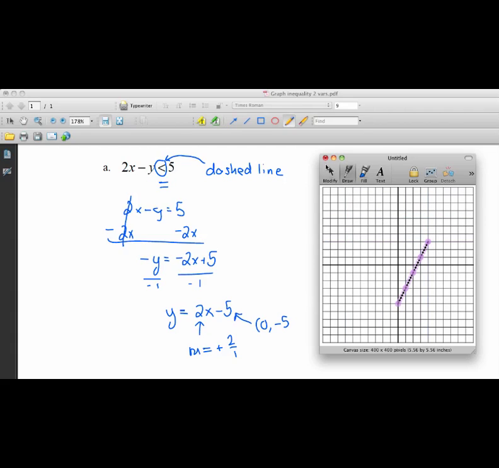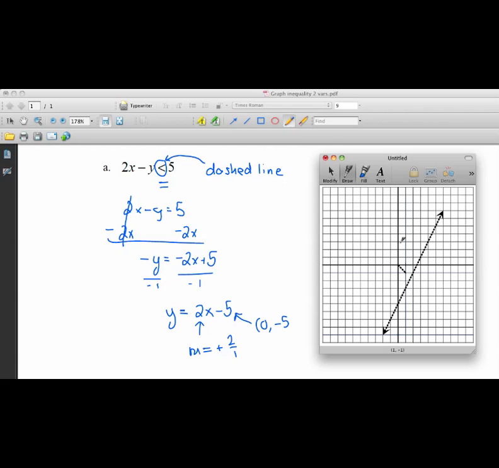So here's my line. I'm going to extend it, and I'm going to put arrowheads on it. And now I'm ready to start thinking about which side of this line I need to shade. So I'm going to choose a test point to do this.